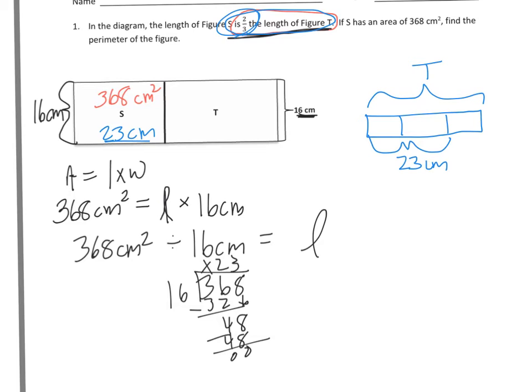So now I got to figure out what can go for 1 instead of the 2 boxes. So I'll divide 23 by 2 because it's taking up 2 boxes. And I see I'm going to be left with 11.5 for each.